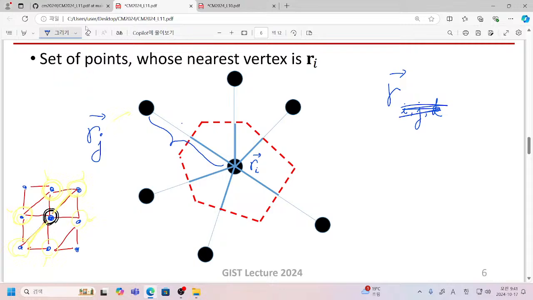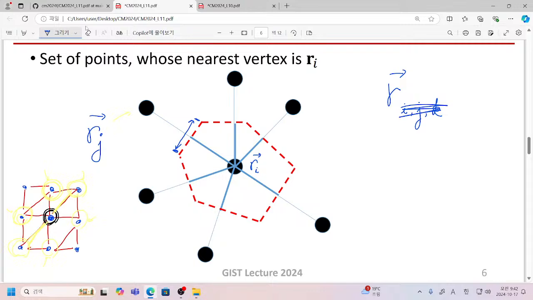But another one is the quantity normal to this edge. So we can consider an edge connecting r sub i and r sub j. And if we consider this edge, at the same time we can think about the distance or length of this segment. So please try to imagine your three-dimensional case.